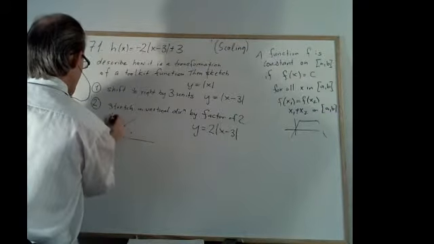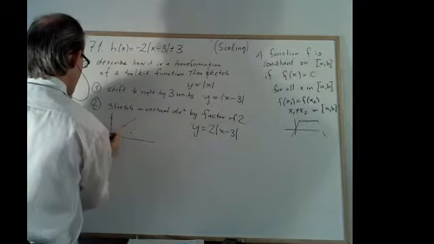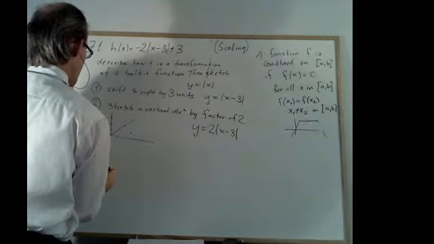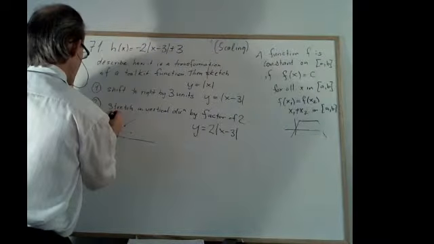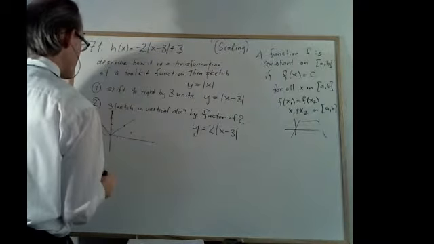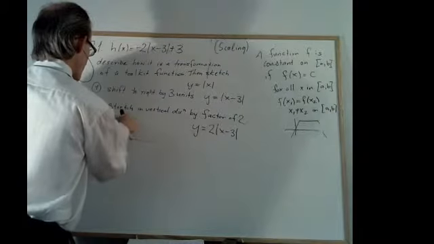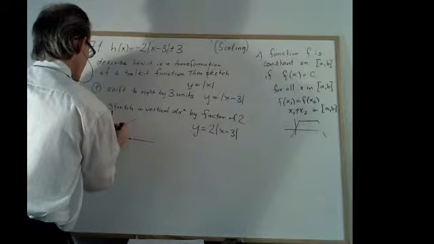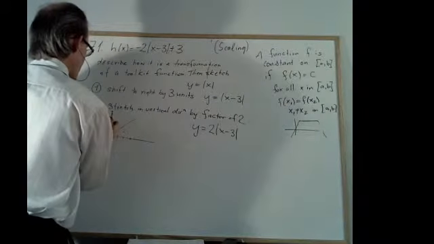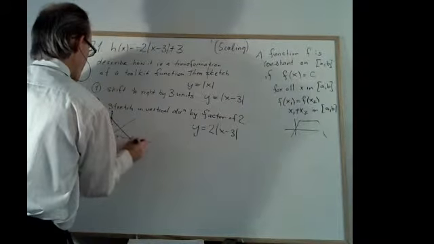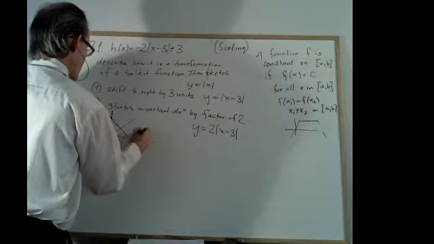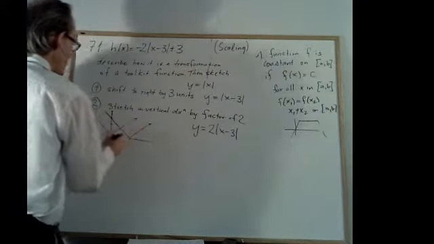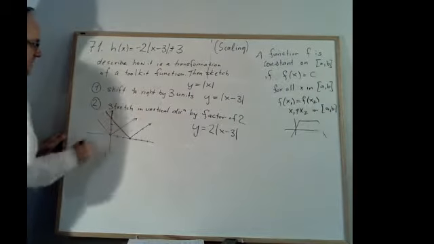That's right. 2, 3. Something wrong here. Oh yeah, I did it wrong. Here's the origin here. Okay. It helps to get a few representative points so you can get this right.